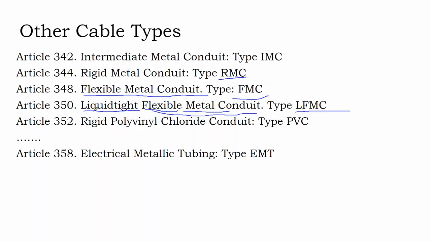And it's liquid tight, so it's waterproof. So this is a conduit that can kind of do everything. Running liquid tight flexible metal conduit from the roof down to the battery room would be a code compliant job where you don't have to worry about anything.